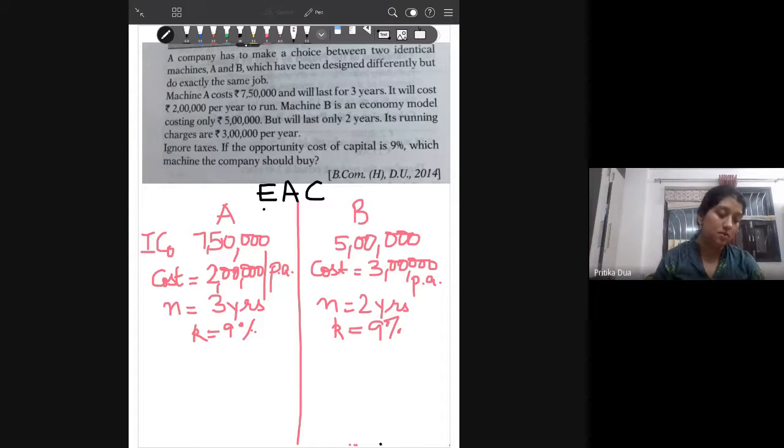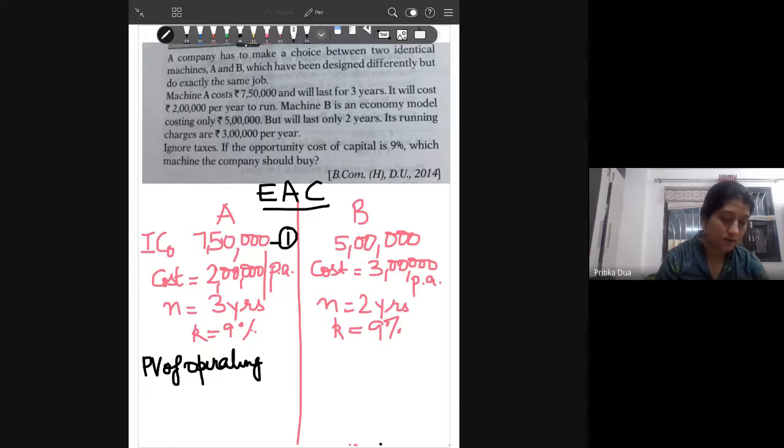Let's start with machine A. The initial cash outlay, I take this as 1. Second, I calculate the present value of operating cost. Since you have equal cost for all the years, I will be using the PVAF table: 9% for 3 years into 2 lakh here.